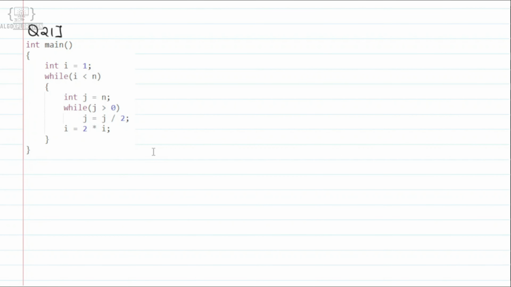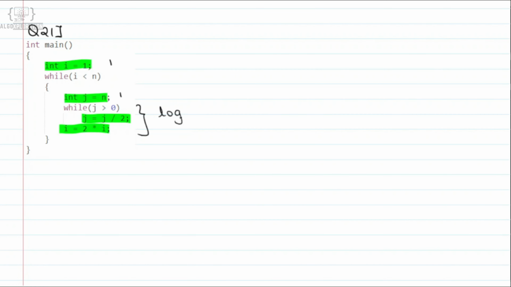Let's calculate for this problem. These statements will be this one, this one, this one, and this one. So the order of magnitude of this statement will be 1. Now let's calculate the order of magnitude for this statement. Now this statement j equals j by 2 will be running for log n times.